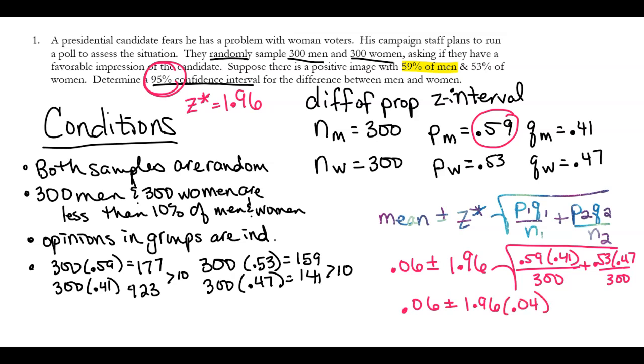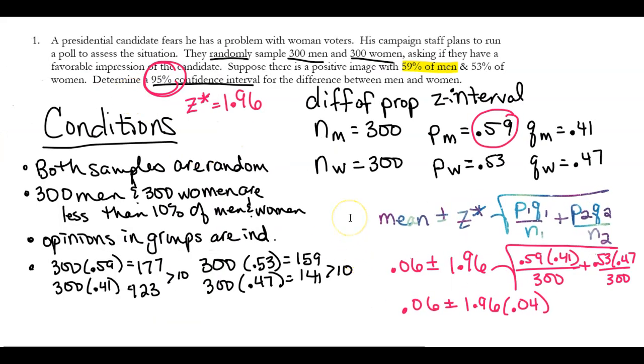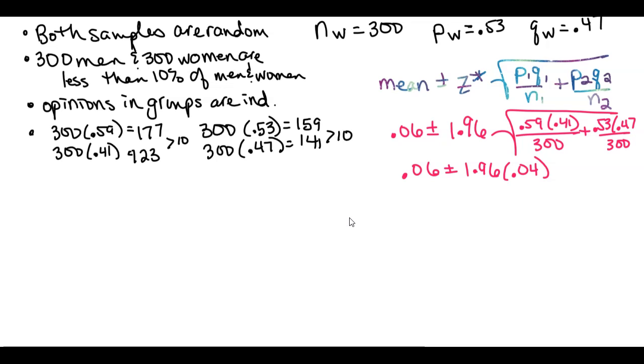And so now our confidence interval, when I subtract it, I think was a negative. Yep, it's negative 0.018. And then when I added it, I got 0.138.